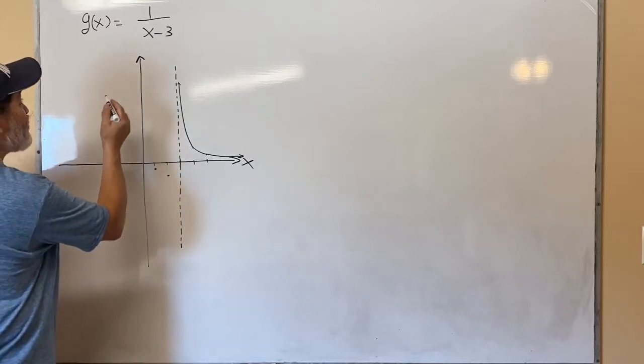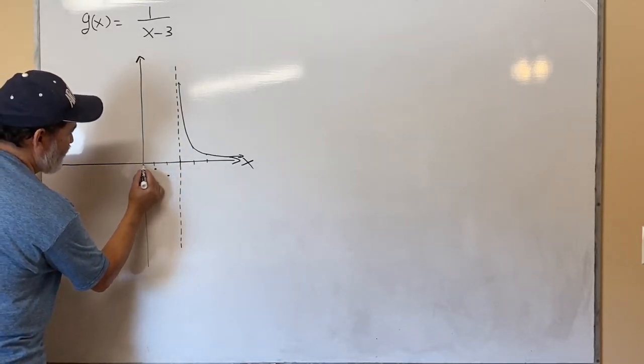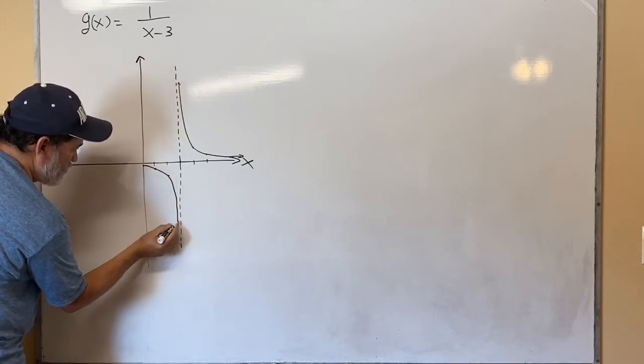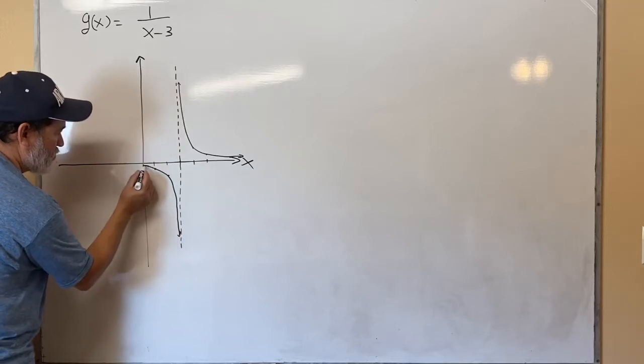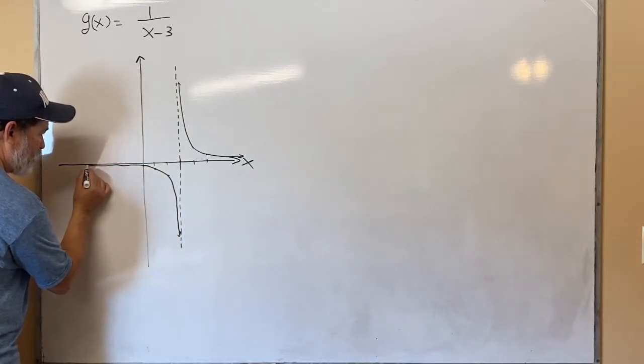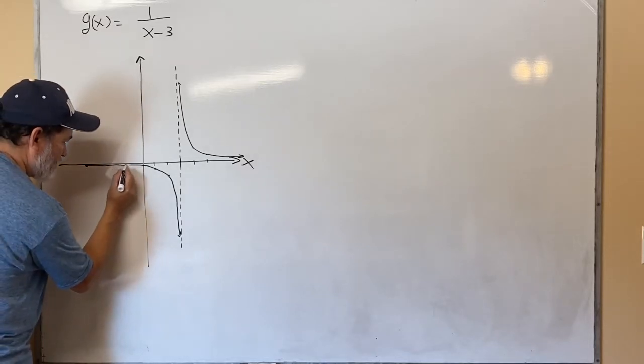At x equals 0, we get negative 1/3. And so therefore, this is looking like this. It's better than that, it's smoother than that.